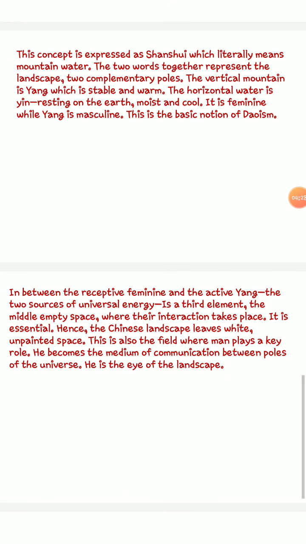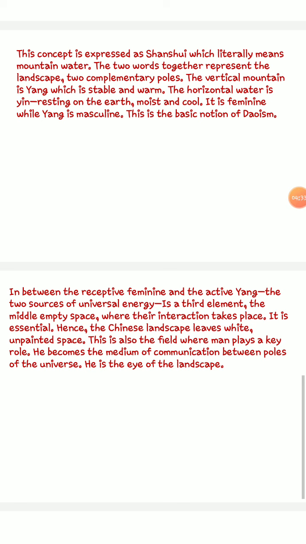So what is the concept of San Shui? Remember, San Shui actually means mountain water. And mountain water itself represents two complementary poles. The vertical mountain is yang, which is stable and warm. I am repeating this concept because this concept is very important for your exam also.